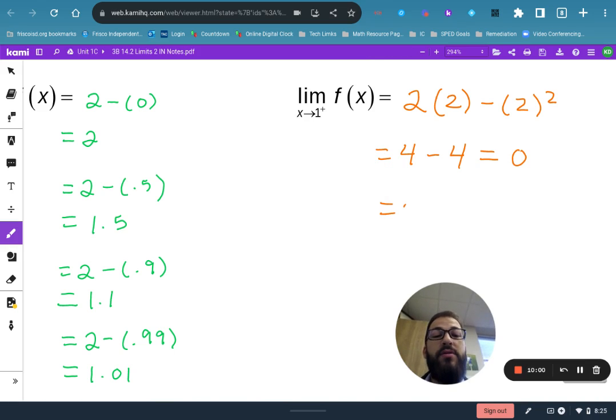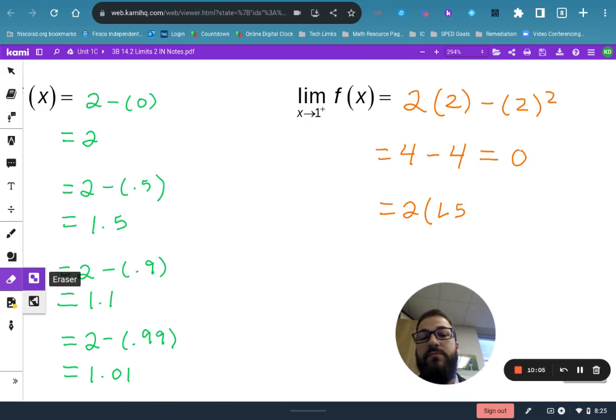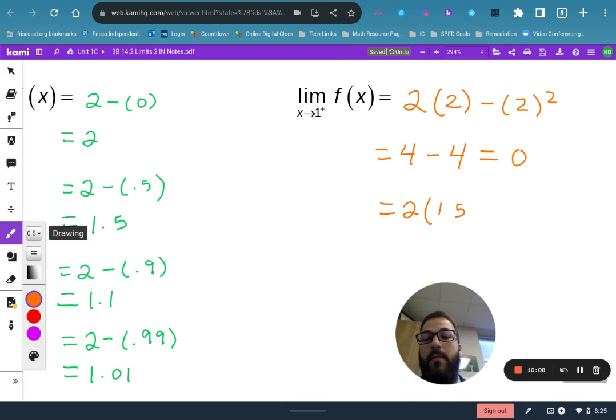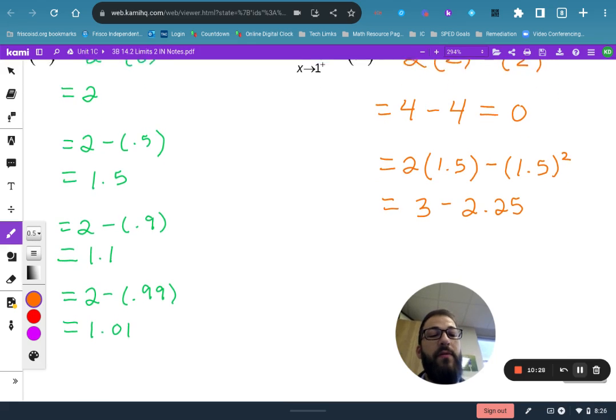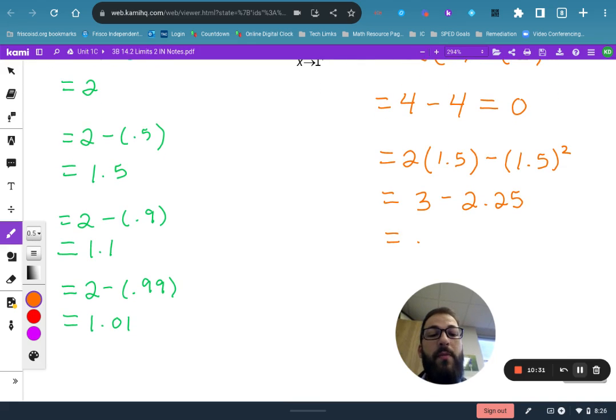So 2 times 1.5 minus 1.5 squared would be equal to 3 minus 2.25, which would be equal to 0.75. Let's get a little bit closer.